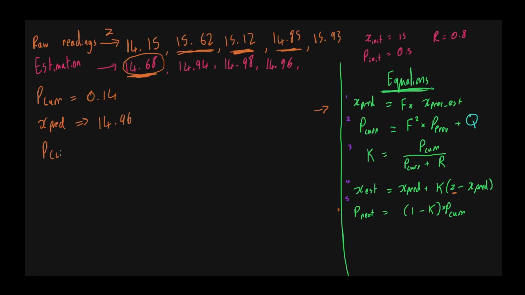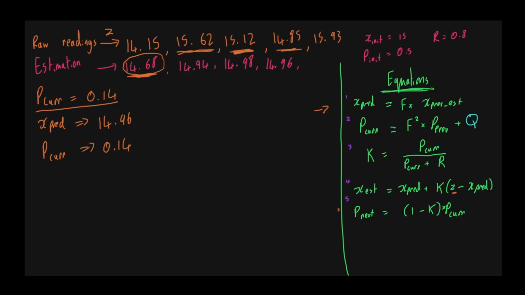And then the state error covariance. P current equals, again, F squared, no model, no Q, just the previous state error covariance, which is 0.14. I think in my calculation I did 0.139, but it should be close enough.